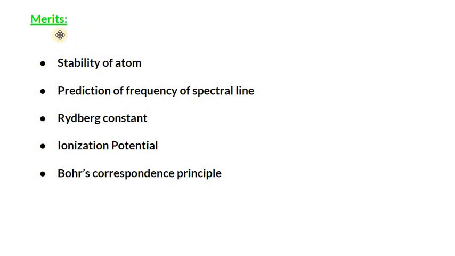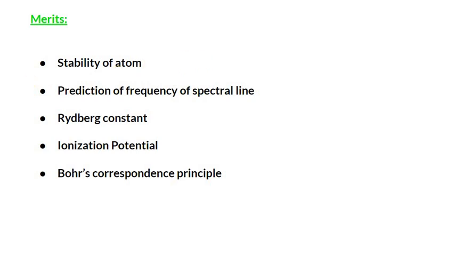I have told you that Bohr's theory has explained a lot of things. A lot of merits are present, and a lot of demerits are present. So let's talk about the merits, what Bohr theory suggested and explained. First, the stability of the atom. Bohr theory can explain the stability of an atom.